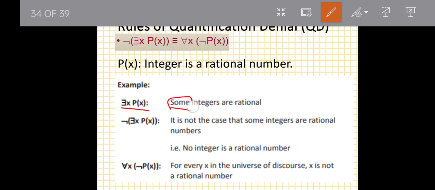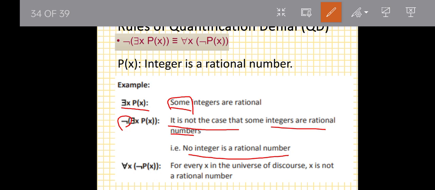Some. And negating that one, we have, it is not the case that some integers are rational numbers. So, it is not the case since negation. And dunugtong lang yung ating p of x na integers are rational numbers. Okay? And pwede ding, no, integer is a rational number.